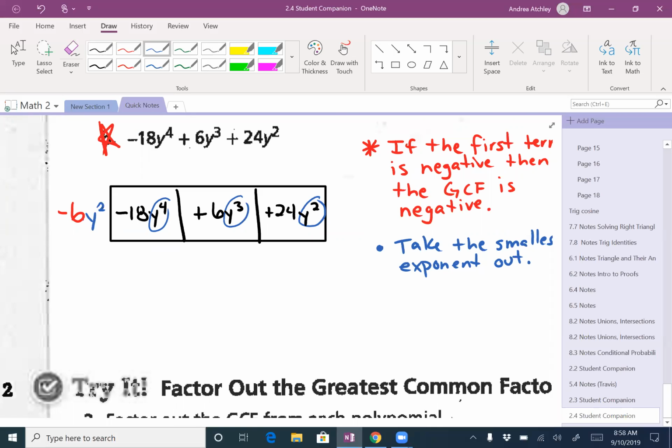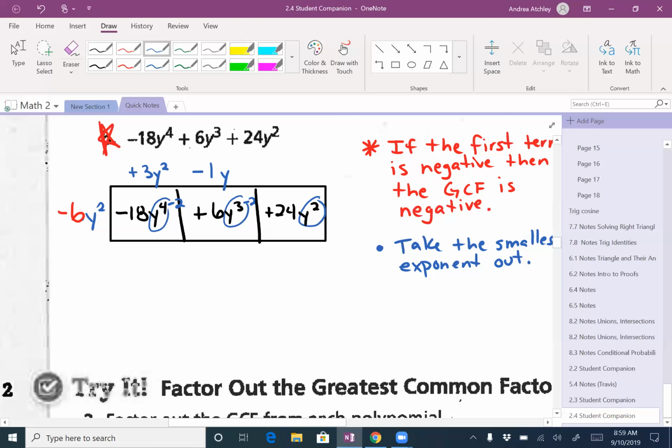Okay, so then we divide. Negative 18 divided by negative 6y squared becomes, a negative divided by negative is a positive 3. And then I subtract the exponents, so y to the fourth minus 2 is y squared. Then 6 divided by negative 6 is a negative 1, and y cubed minus 2 becomes just y to the first, or y.